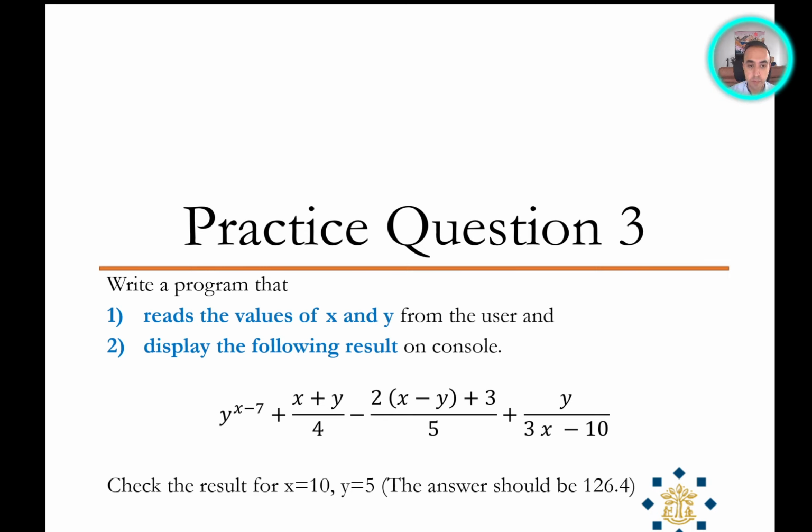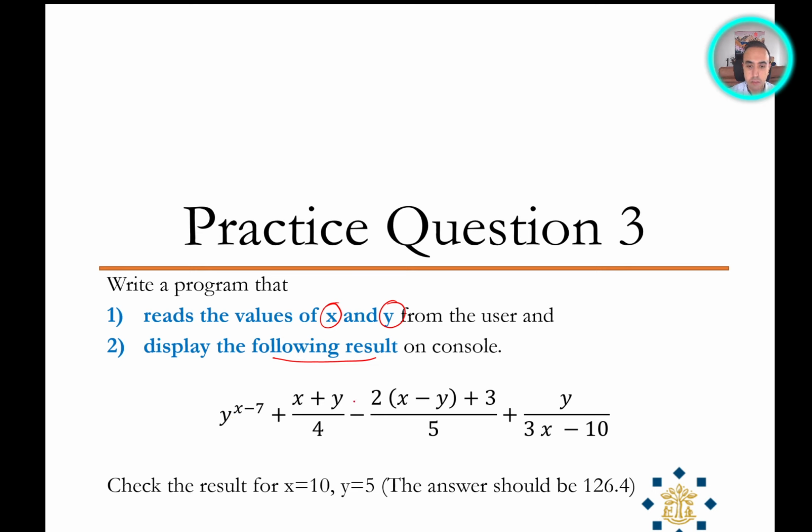And the third one is to write a program that reads the values of x and y. So again, 2 inputs from the user, and then display the following result. So I made it a bit complicated. Maybe not complicated, but a bit cumbersome. So you have y to the power x minus 7.